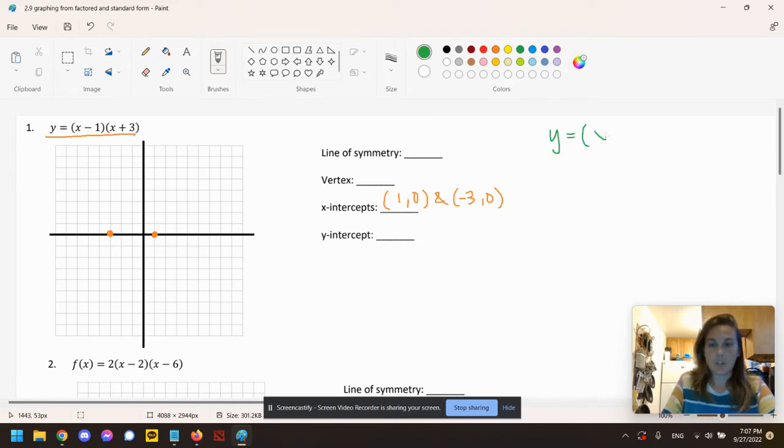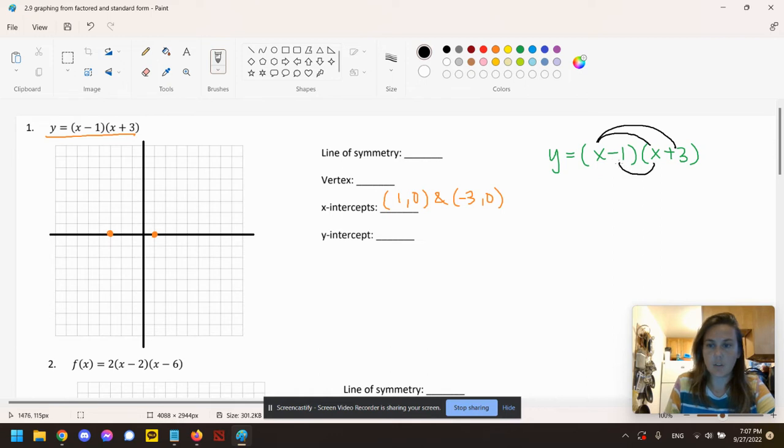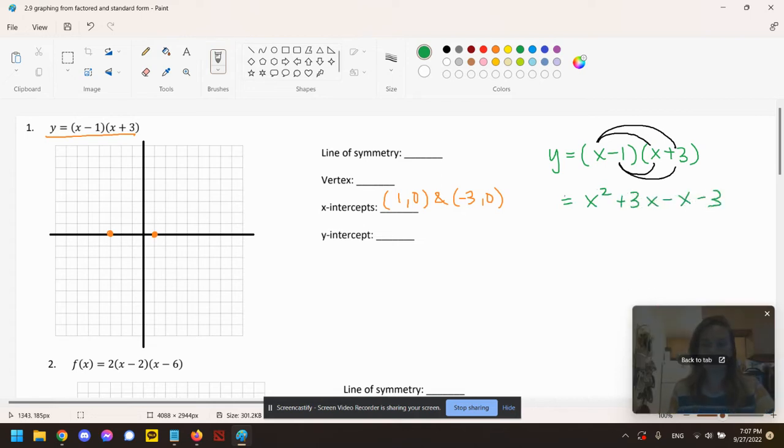Now I want to change this to standard form. The way I do this is I multiply x times x, x times 3, -1 times x, and -1 times 3. Get these numbers.